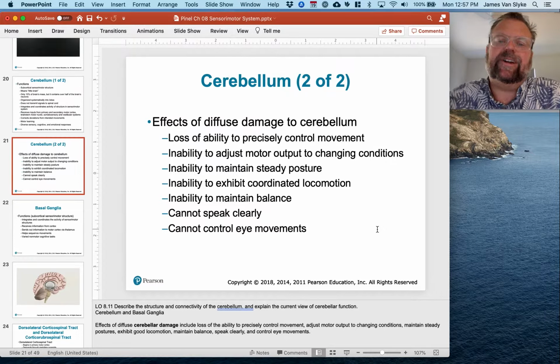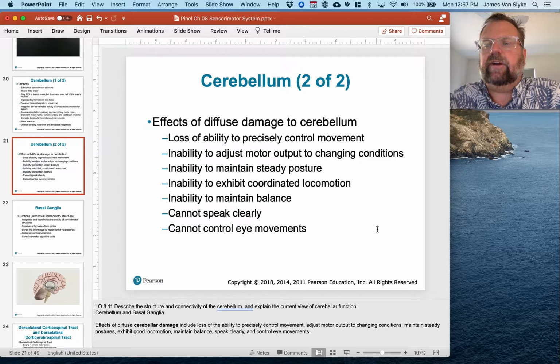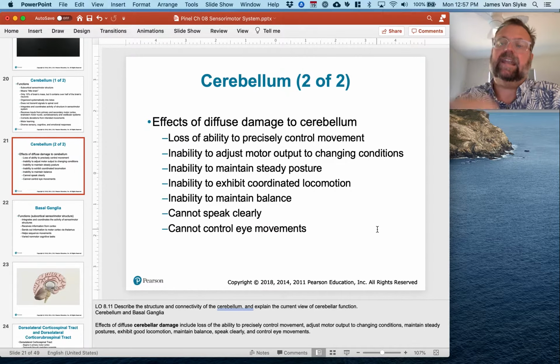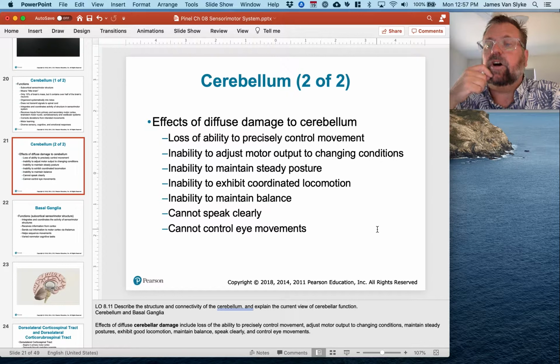When people experience damage to the cerebellum, there are some deficits that include the loss of the ability to precisely control certain kinds of movement, and that precision that we've been talking about, that kind of cleanup or auxiliary function that the cerebellum seems to provide.